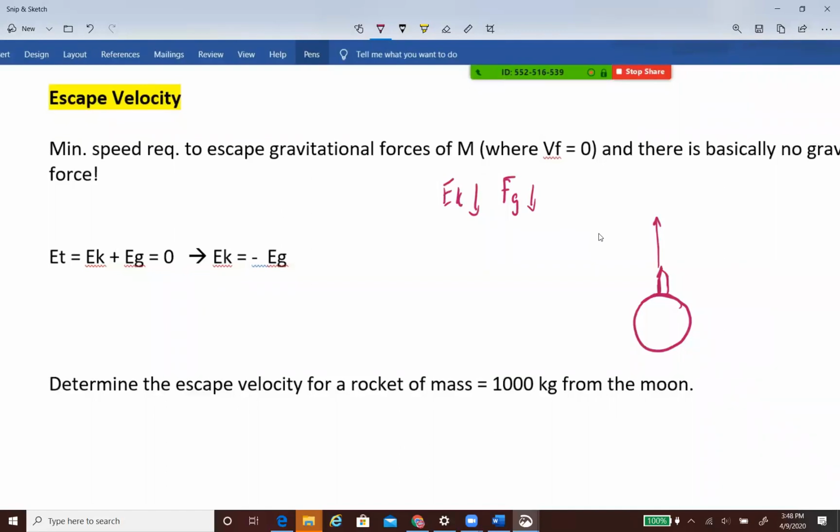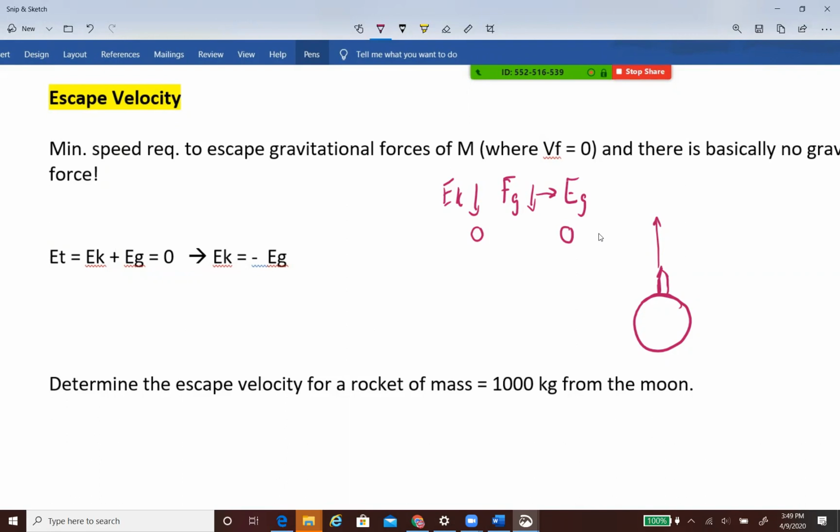So the minimum speed required to escape an object will be the point where the bullet gets to a particular location in space where the kinetic energy basically approaches zero, and there is no more gravitational pull from the object. So the force of gravity is zero, but also the energy due to gravity is zero too.